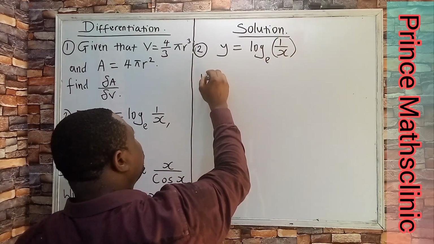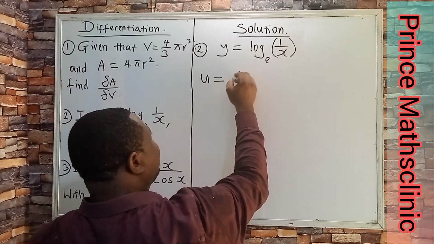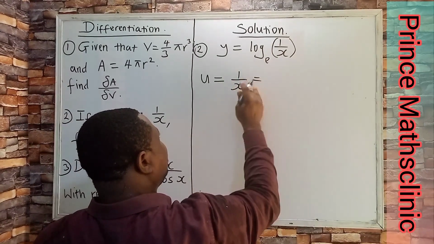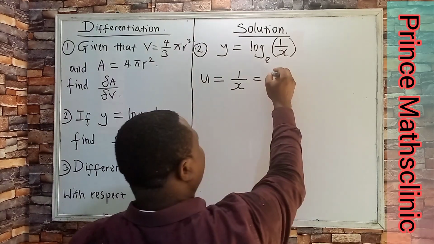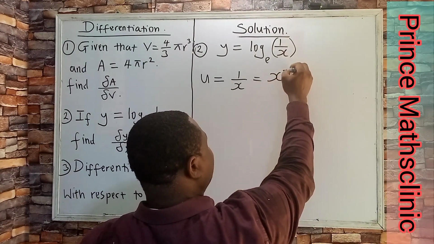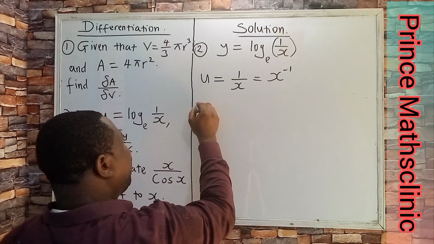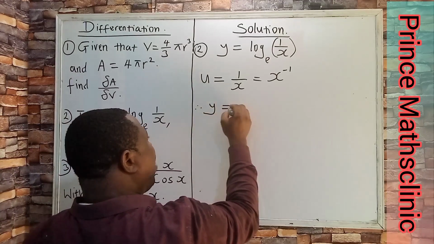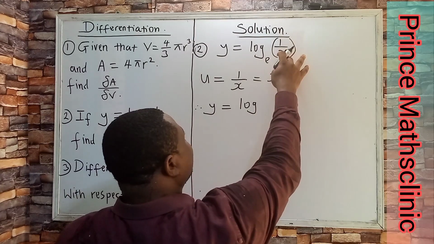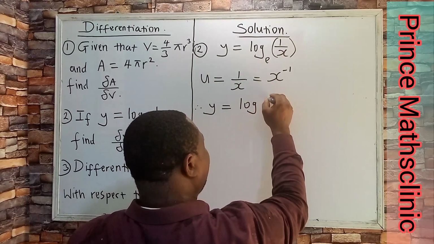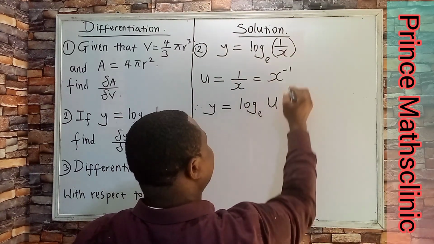I'm going to make u to be 1 over x, changing it from fraction to index, it will be x to the power of -1. Therefore, my y will now be log u to base e, since 1 over x is equal to u.